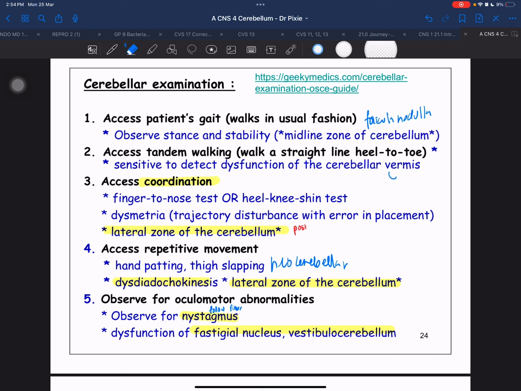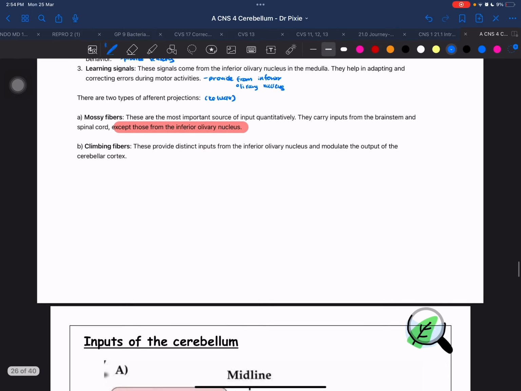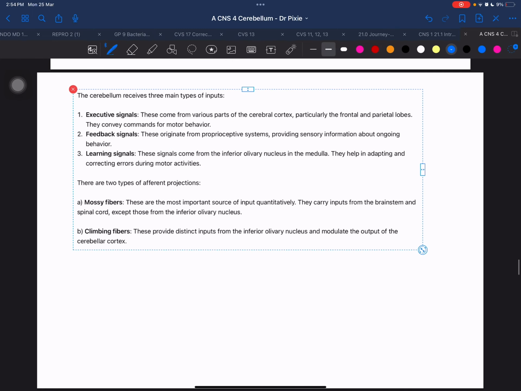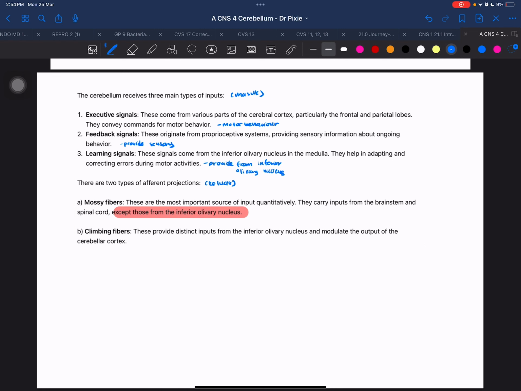Or you can check for ocular abnormalities, for nystagmus. So now this is where you ask the patient just walk in the normal gait. You just check the vermis, then tandem gait, to see if there is any unsteadiness. Then of course you check the Romberg sign, but we don't really use it now here.